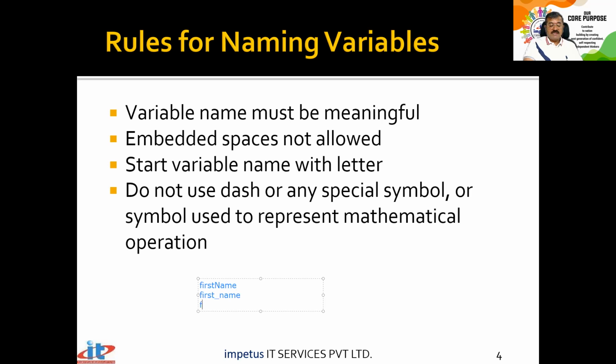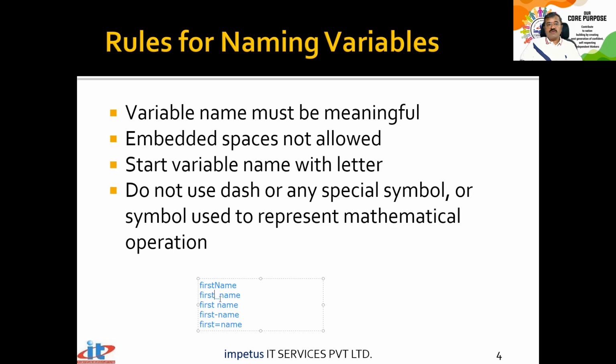But don't define variables as first space name, that's not allowed. Don't even say first dash name. A dash for you is a dash, for the machine it could be a minus sign. So no dash. Don't say first plus name, don't do that. First equal to name, no.